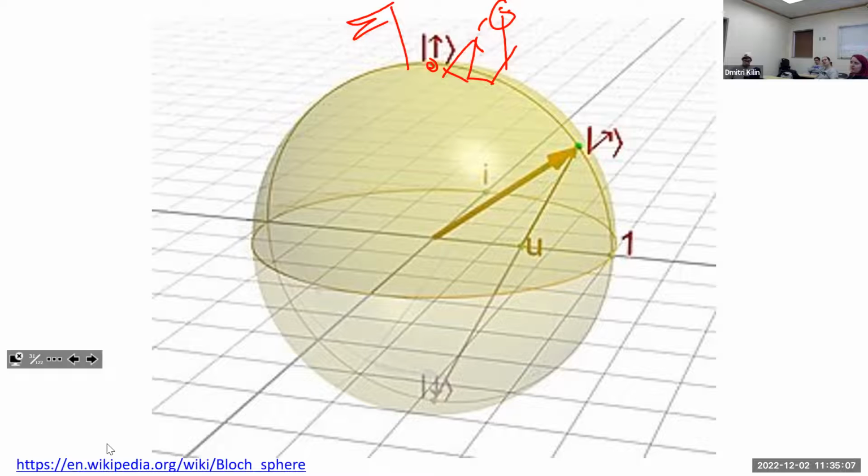Yeah, I should draw better. If this object is on the North Pole, how do you interpret it in terms of spin quantum state? Spin state is up. Yes. It's all positive.